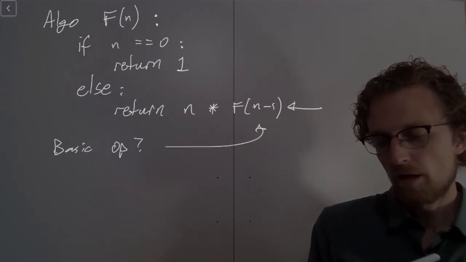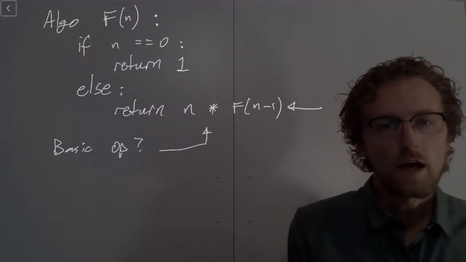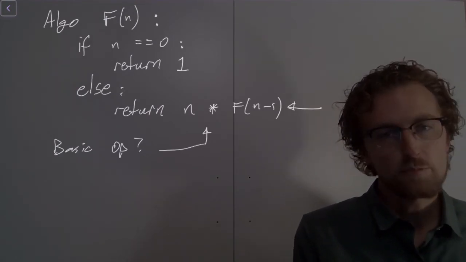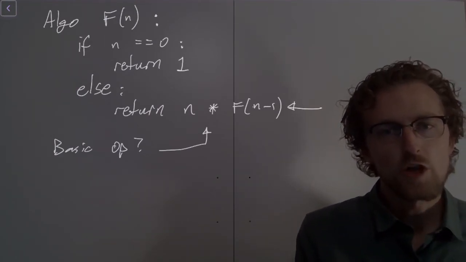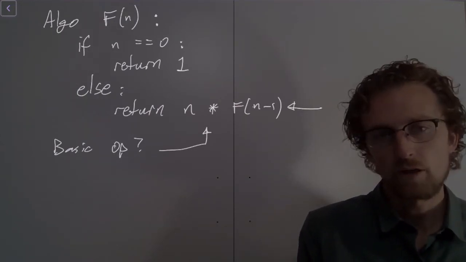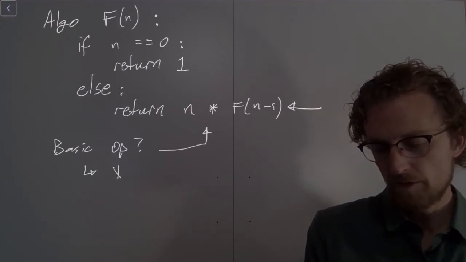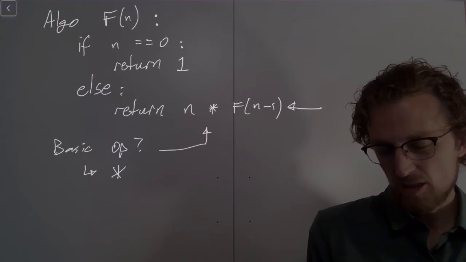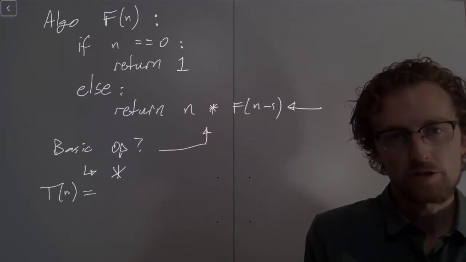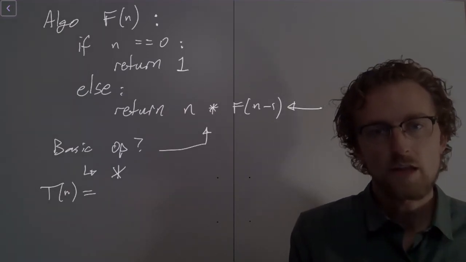All right, so in order to analyze this algorithm, let's write an expression that captures the number of multiplications that are performed to compute n factorial. So our basic operation is going to be multiplication, and so let t of n be the number of multiplications that we have to perform to compute the factorial of n using this algorithm.